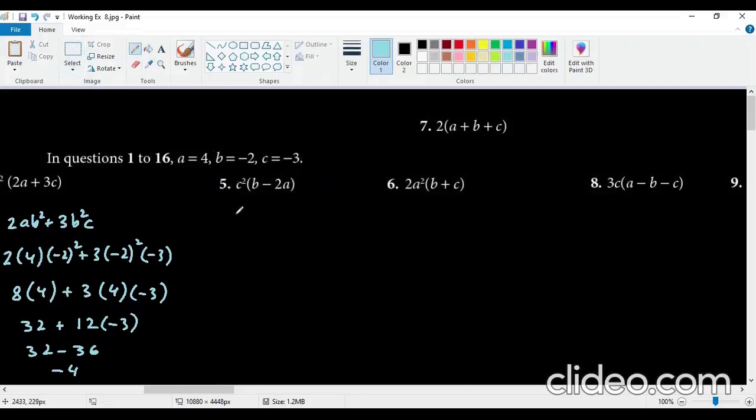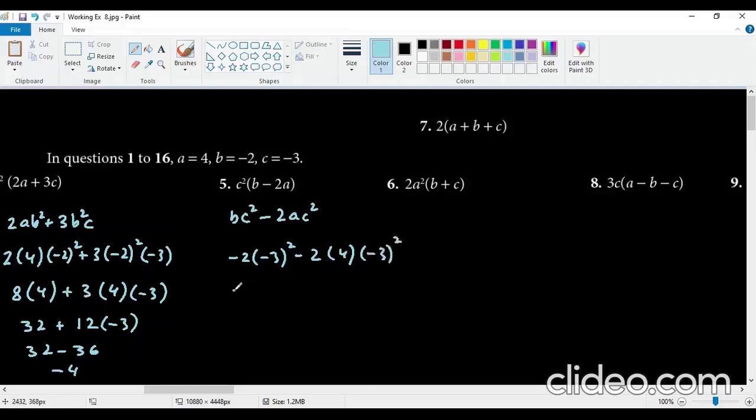So I am going to write b c square. I should write c square b, but in terms of alphabetical order, I will place it as a c square. So that means the value of b is -2 multiplied by the value of c, which is -3 square, minus 2. A is 4 and c value is -3, which is going to be a square.